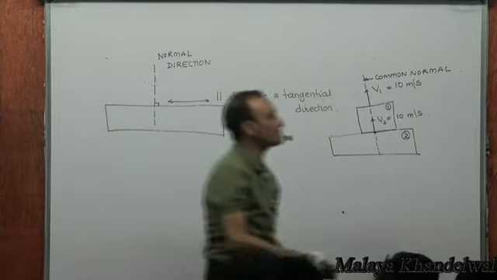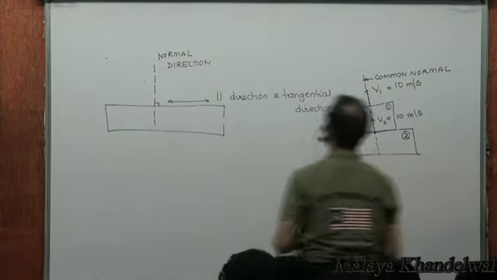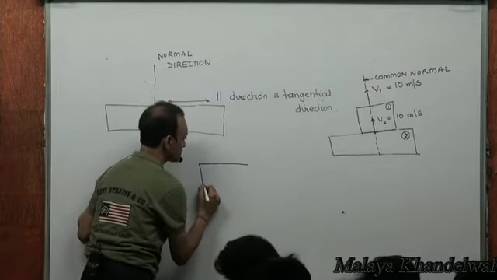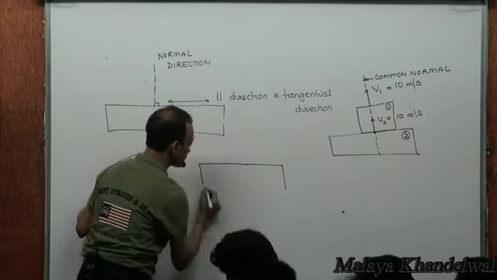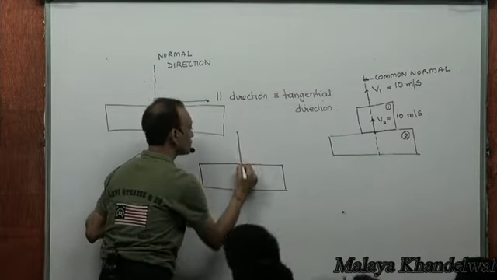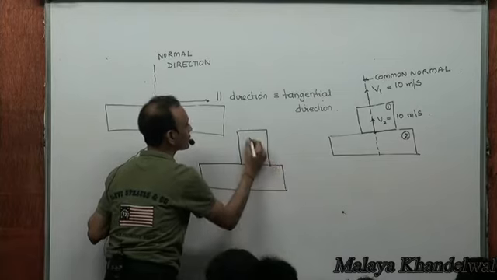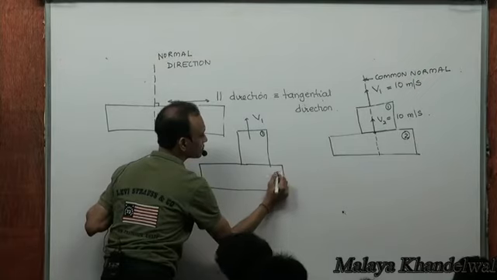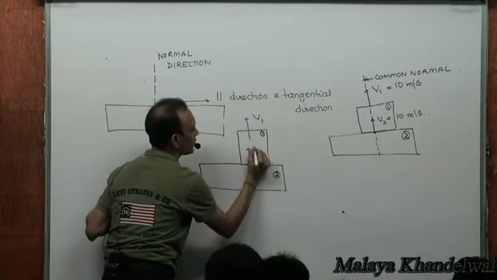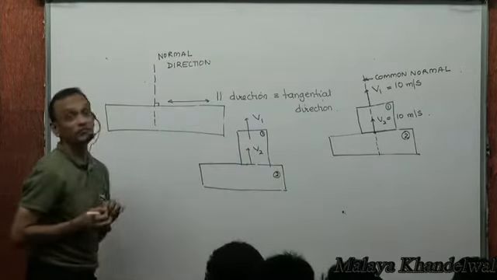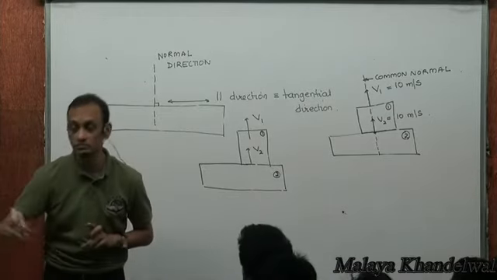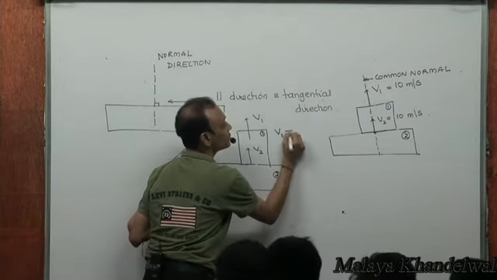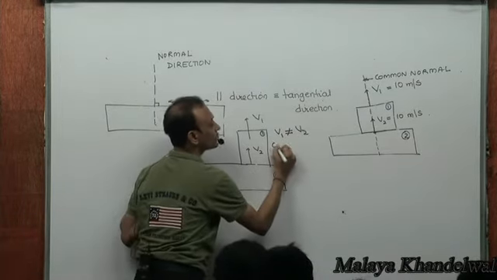But if I have a situation like this, where this has a velocity v1 and this has a velocity v2 along the common normal, if v1 is different from v2, if v1 is not equal to v2, contact would be lost.